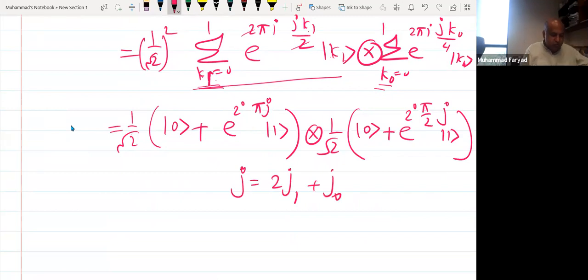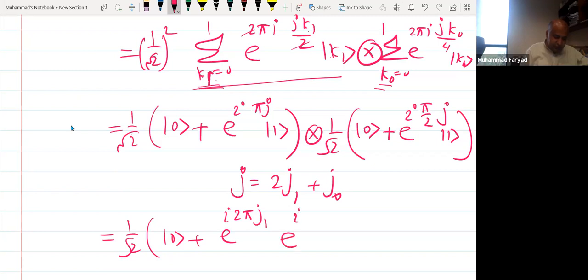So let's put this j back in there, and we will be left with 1 over square root 2, |0> plus exponential iota 2 pi j1, because when this j is replaced with 2j1, so this is 2 pi j1 into, and since there's a plus, I can break this exponential like this, iota pi j naught 1.